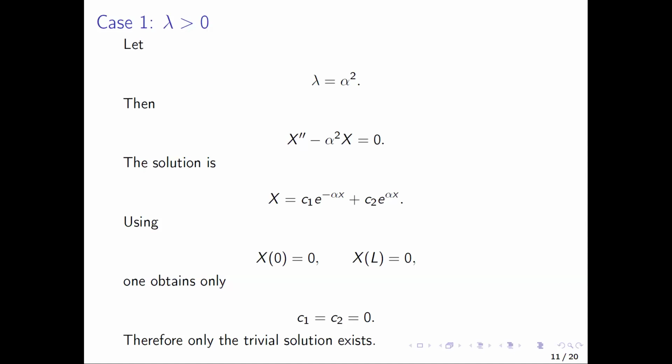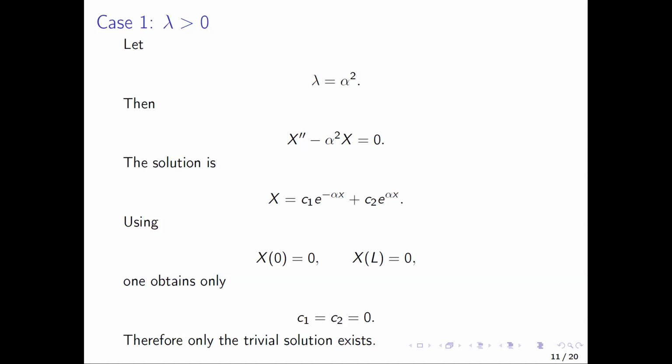So we say that if you substitute 0 for your x, then you will get a 0 value, which means that C1 plus C2 is equal to 0. If you do the same for L, again, you will get a 0 and you will obtain another equation, which, if you solve them, only the trivial solution will exist there.